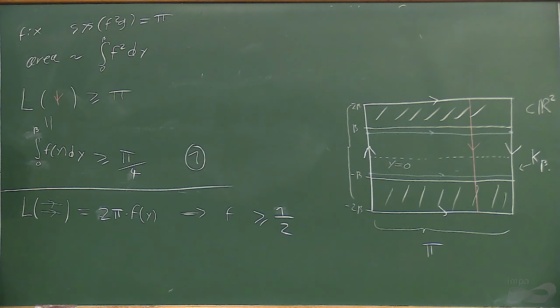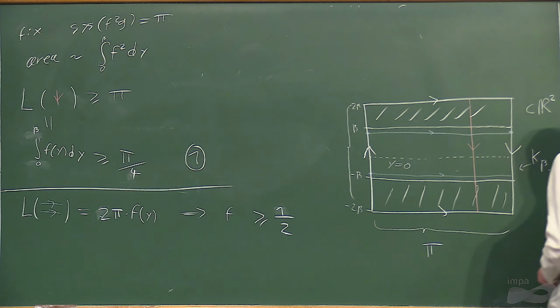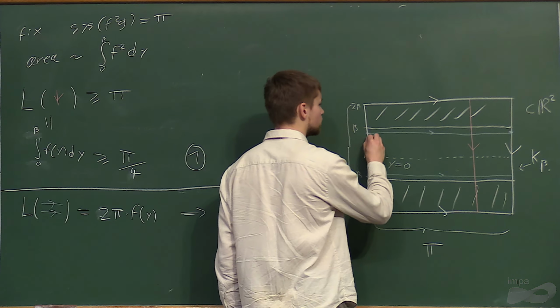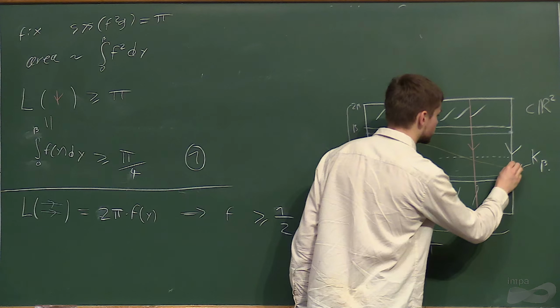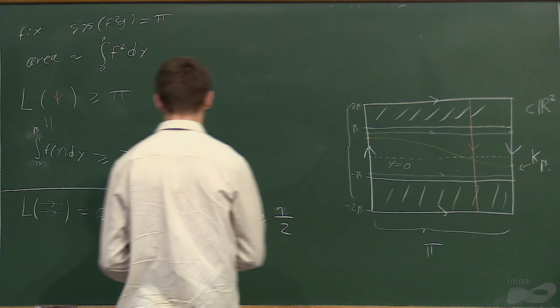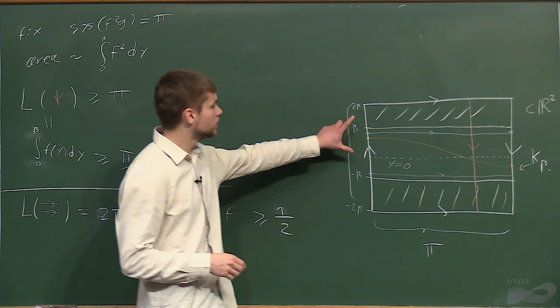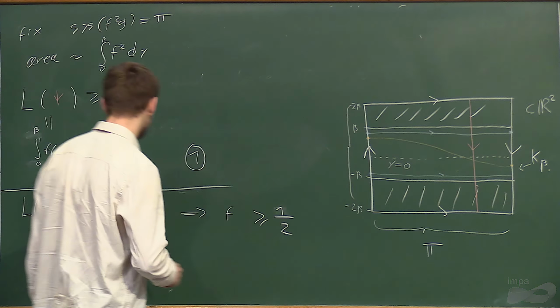And a third class of curves which we have to consider are the curves that start here and, by just crossing once, go through this point on the other side. And if we look at what we have, this is now basically a curve in this embedded Möbius strip.